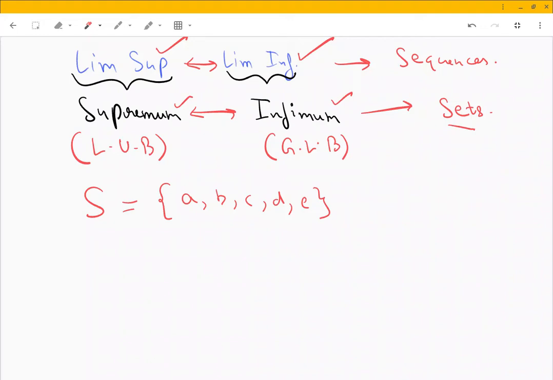This is a set, but supremum and infimum are defined on sets of real numbers, a set which is a subset of the reals. That's where it is defined, not even on complex.